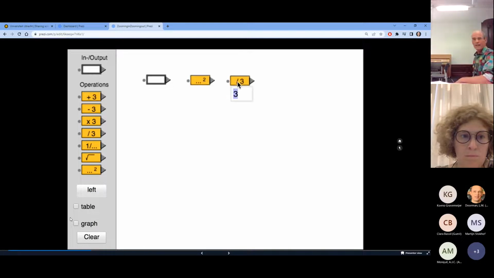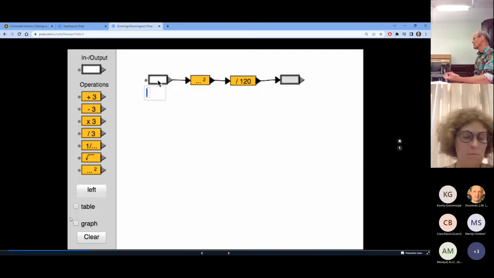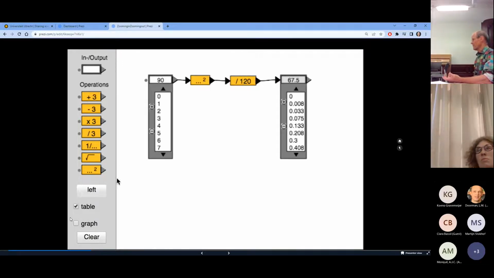You know what it can do, I guess. It provides not only input-output relationships, but also tables, graphs. And as I said, this was quite spectacular because this is real mathematics embedded in software, whereas so far we thought we're done.